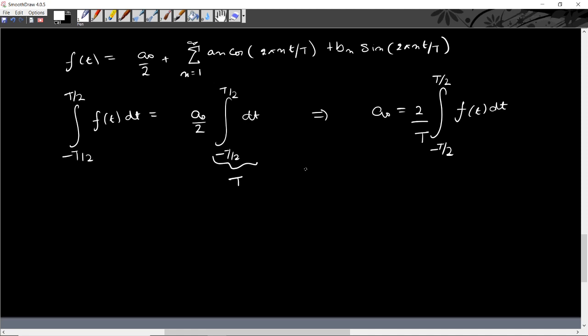Now to find these coefficients an and bn, we use the orthogonality property of the sines and cosines.